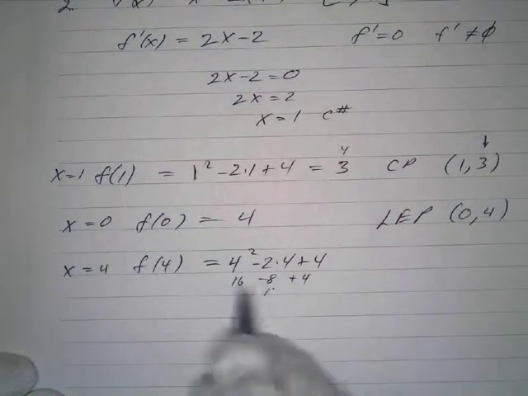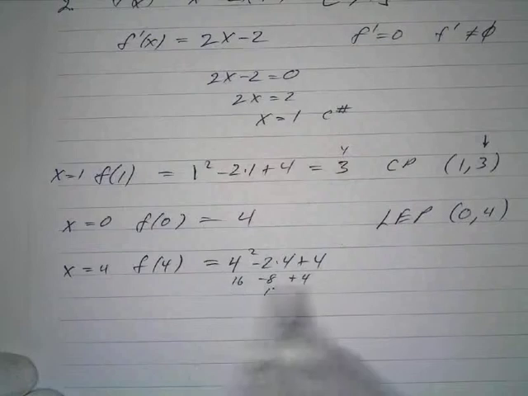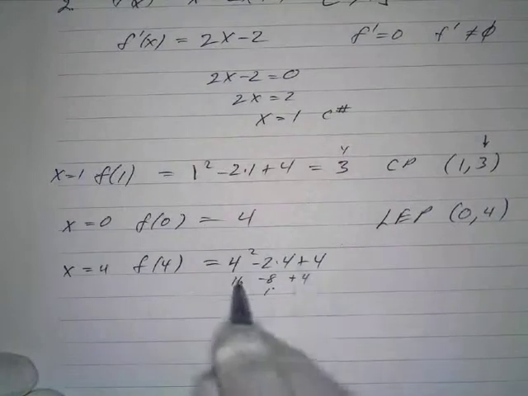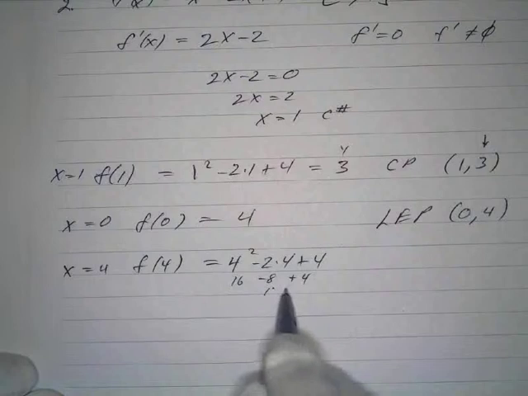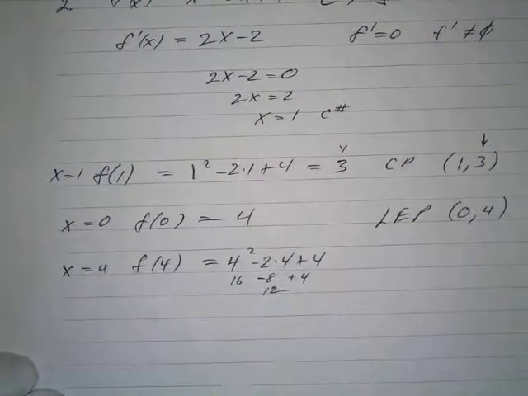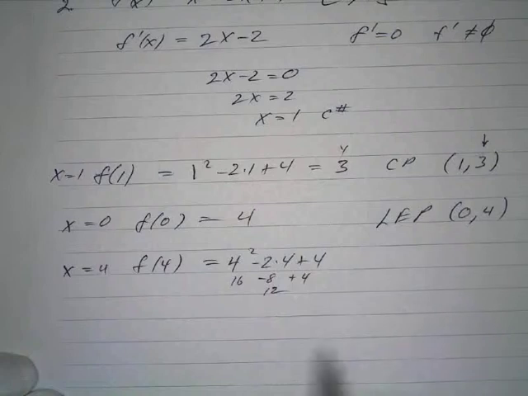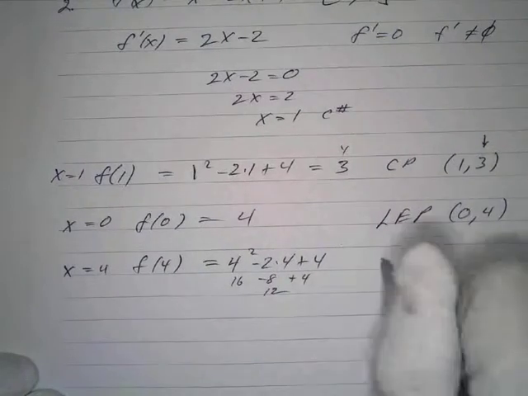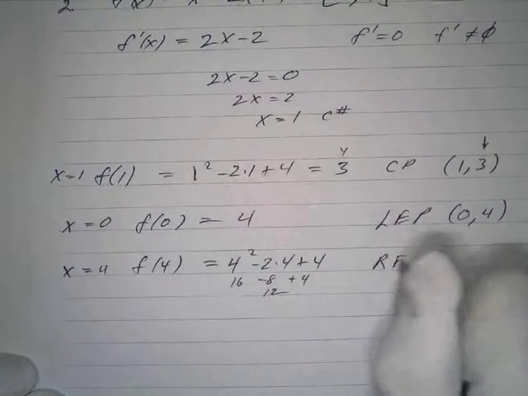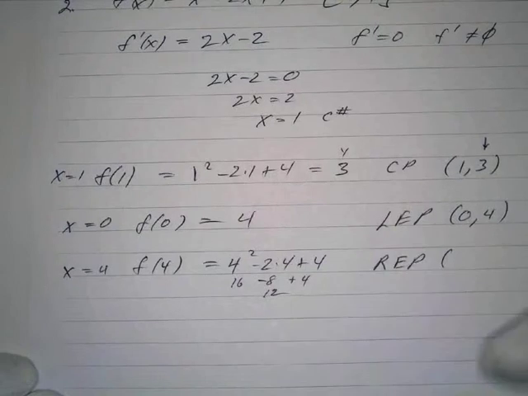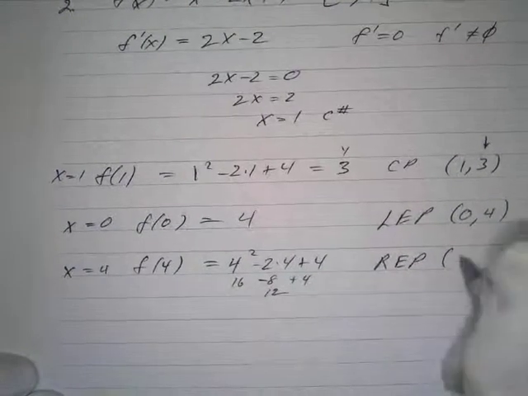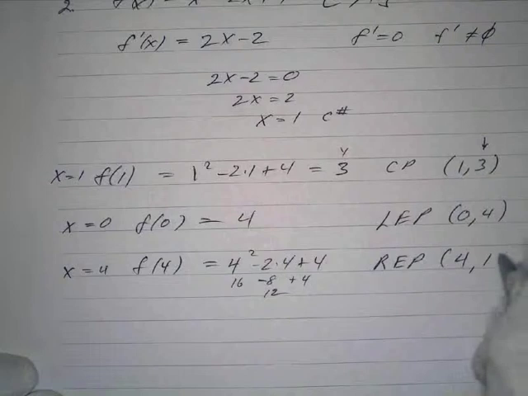Let's try this again here. That's 20, pardon me. So that's 16, 8, and 4. So that's just going to be 12. There we go. Or 20 minus 8 is 12. So that's going to be the y value. So my right endpoint is just the point (4, 12).